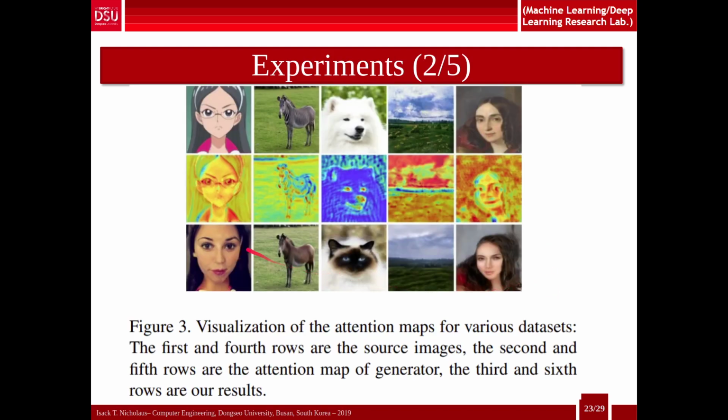Here we see different outputs. We visualize the attention feature map for various datasets. The first is the source image, and the second is the attention map of the generator, and the third are two more features which I didn't really include here.